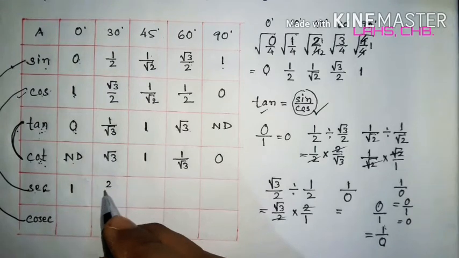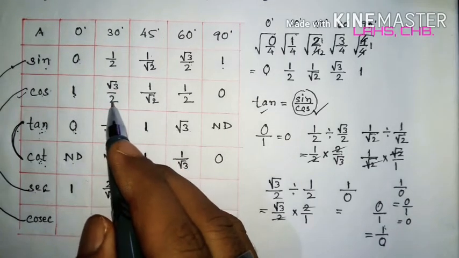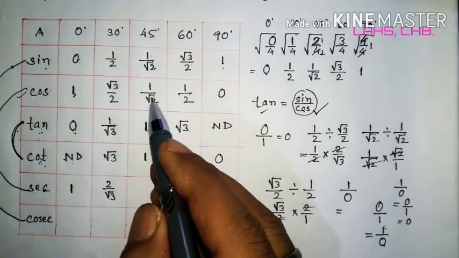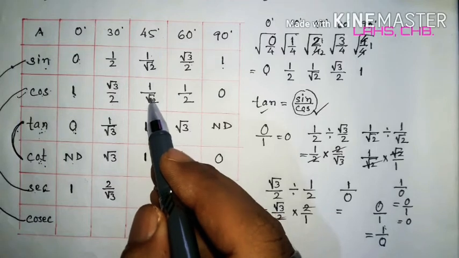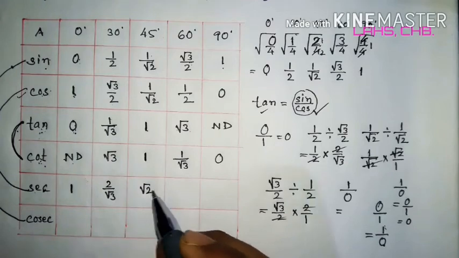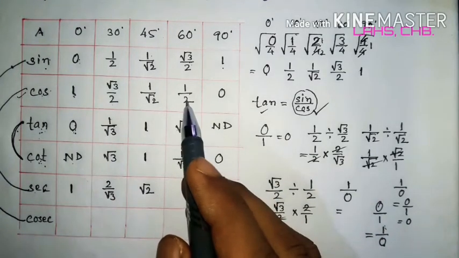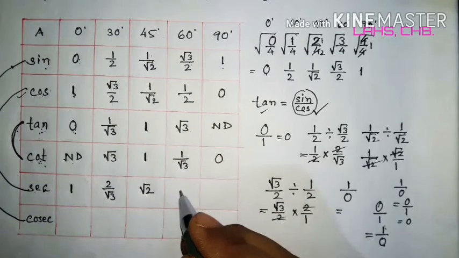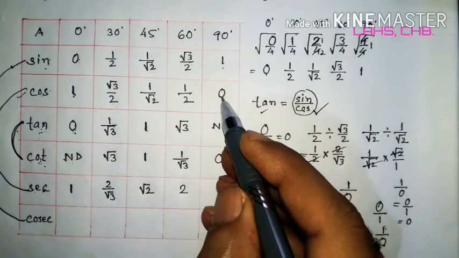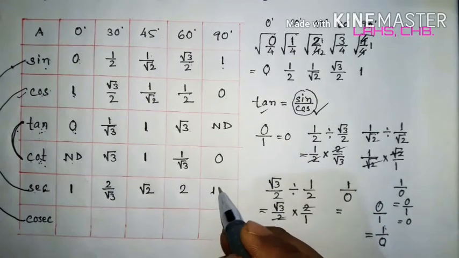See here it is written root 3 by 2, so reciprocal is 2 by root 3. In the same way, to obtain sec 45, make the reciprocal of cos 45. 1 by root 2, that is root 2. Then sec 60 degree, make the reciprocal of this 1 by 2, that is 2 by 1, 2. Reciprocal of 0, can you say? Not defined.